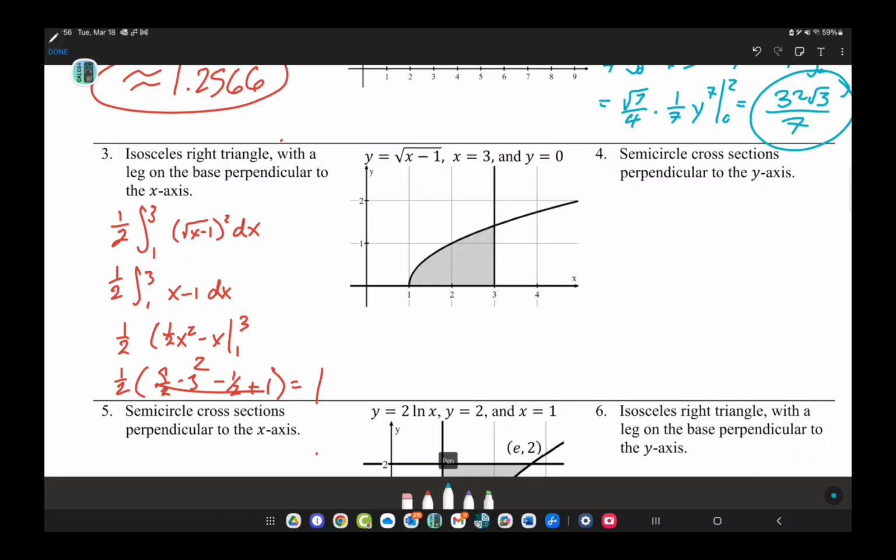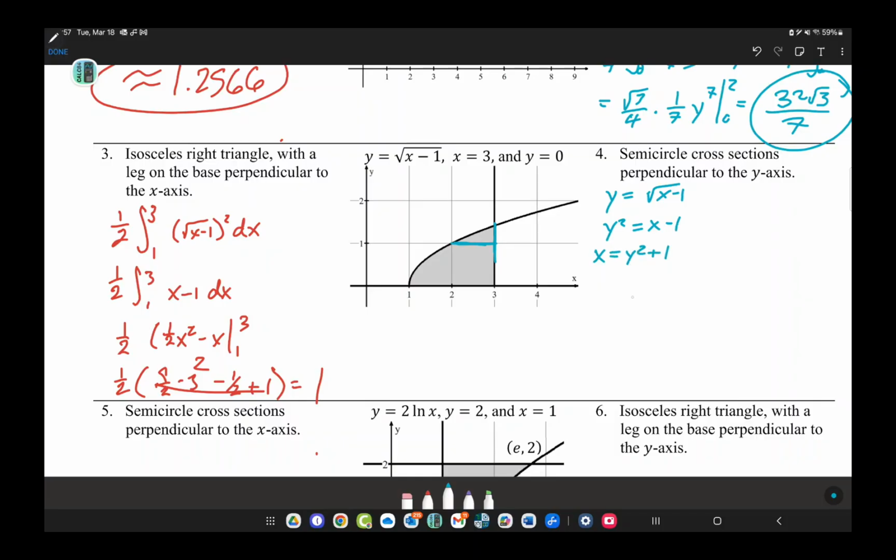So in this case, when we do perpendicular to the y-axis, we will need to use the function x equals 3 because that would be our larger function. And we take y is equal to the square root of x minus 1, square both sides, y squared equals x minus 1, x equals y squared plus 1.